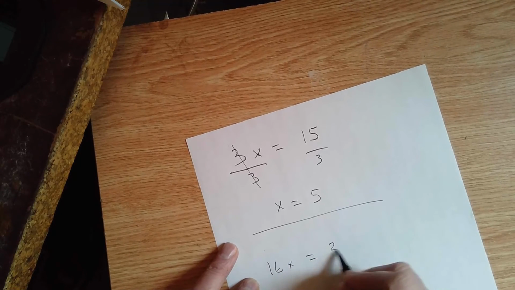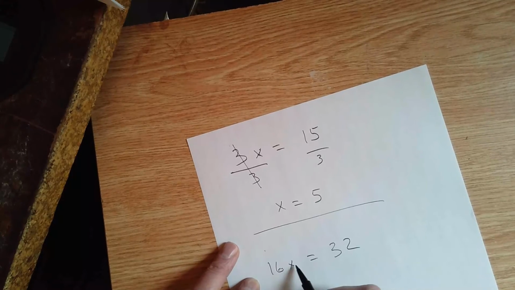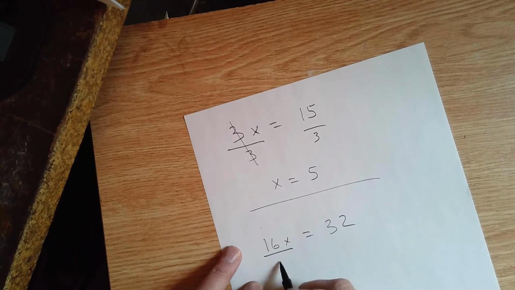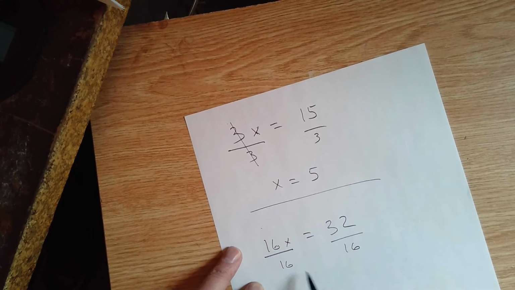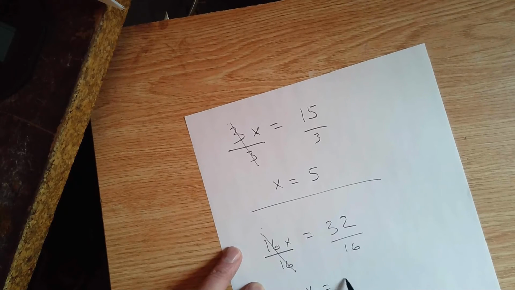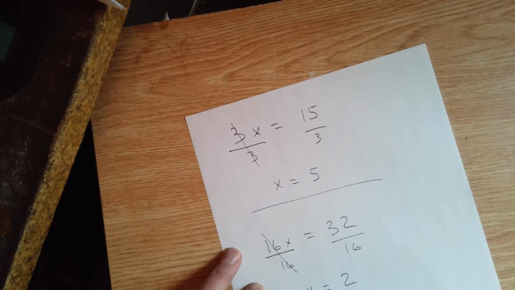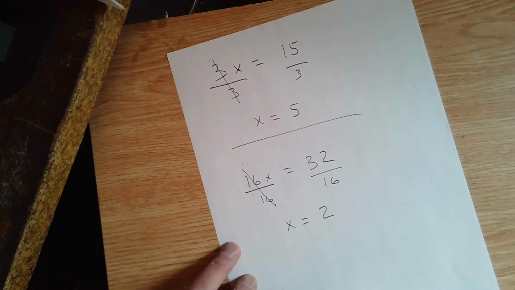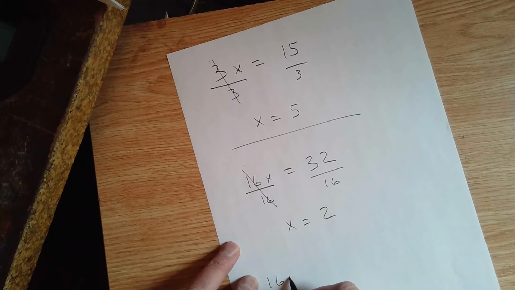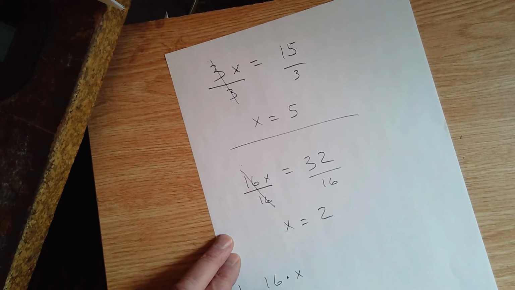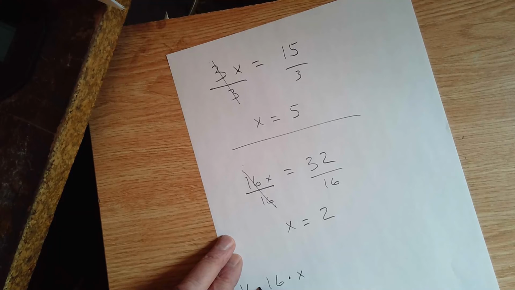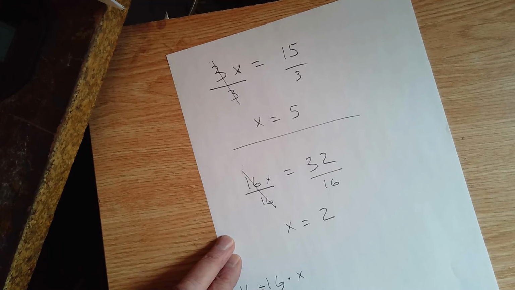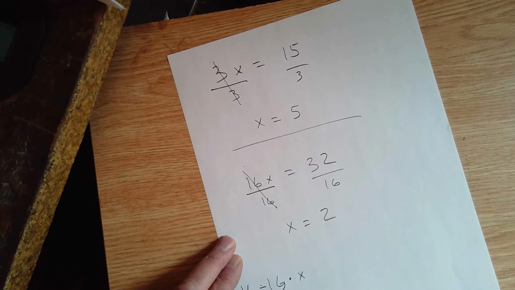16x equals 32. You might see that x is equal to 2 because you know 2 times 16 is 32. But let's assume we don't. Divide both sides by 16. We're able to do this just a little bit because we're dividing by 16. 16 divided by 16 is 1. 1 times x.